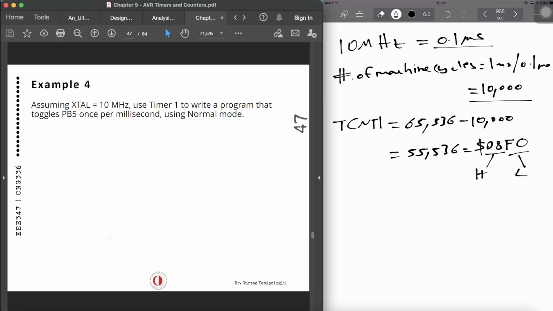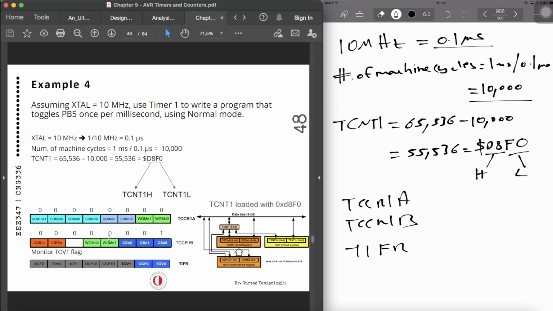So we have got most of the information required, and then we have to configure TCCR1A and TCCR1B, and we have to look at the IFR register. So we have done that calculation, TCNT1 loaded with D8F0.